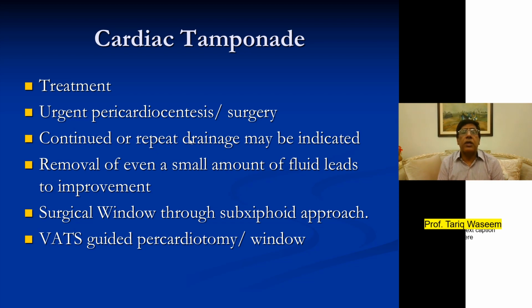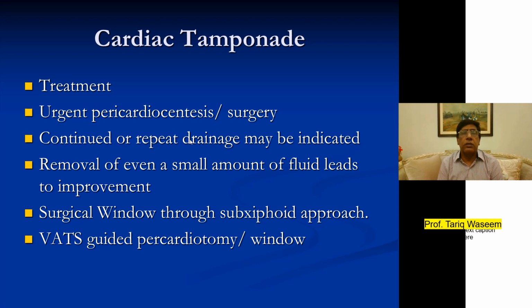After an initial pericardiocentesis, continued repeat drainage may be indicated, and sometimes you leave in a permanent catheter for some time, which keeps on draining the fluid which is being formed. As I said, even a small amount can lead to a very significant improvement in the patient's pressure and clinical condition.